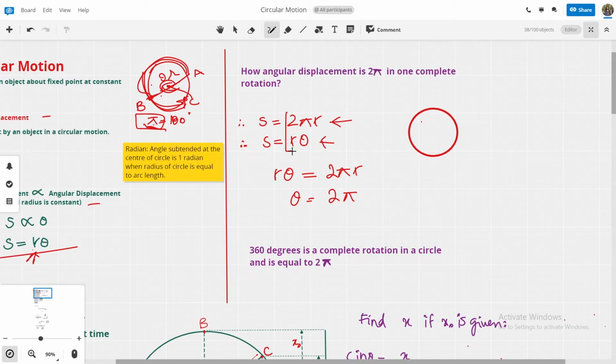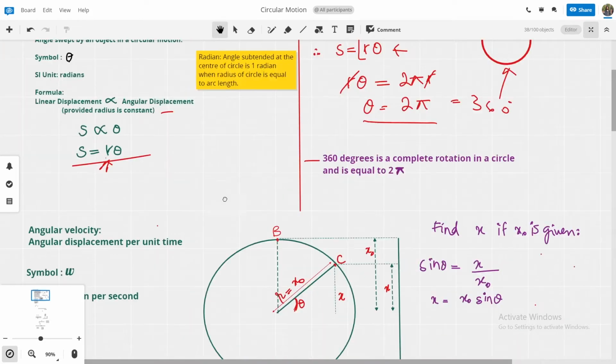We'll equate both of these, and then r will be cut out, and then it leaves us with theta is equal to 2 pi, which is the angular displacement in one complete rotation. 2 pi is also 360 degrees, which is the angular displacement in a circle, and we have been studying that 360 degrees is a complete rotation in a circle and is equal to 2 pi.